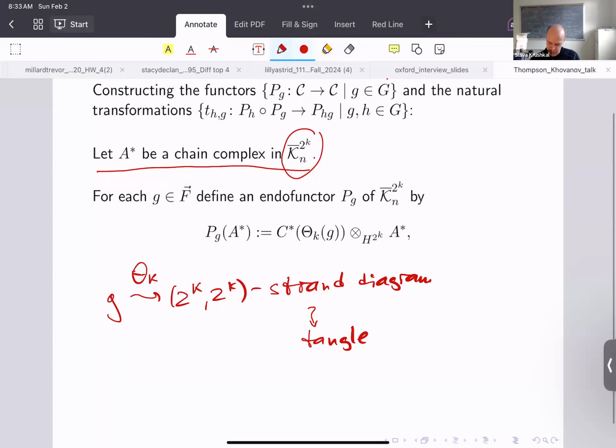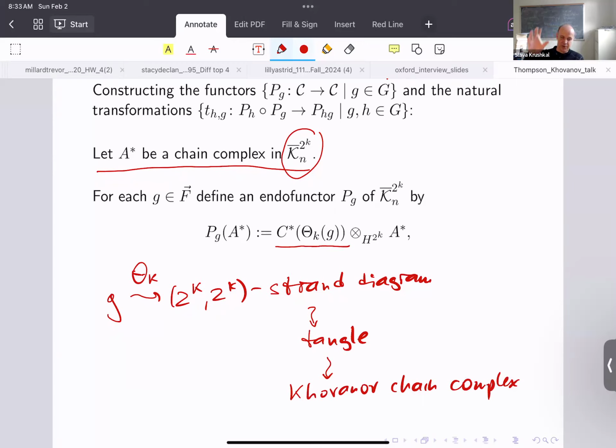And then we can apply the Khovanov construction to construct the Khovanov chain complex. And this is what's denoted by C star of theta sub k of G. So again, from a group element, we get a strand diagram, then a tangle, then we take a Khovanov chain complex, and that's our C star of theta sub k of G.